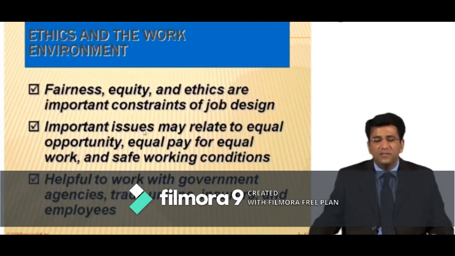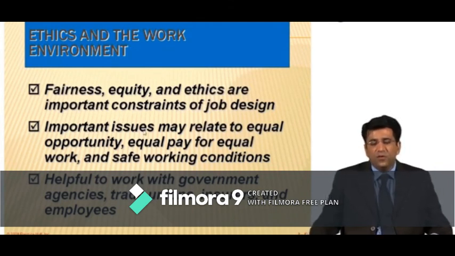Then students, there are some ethical concepts which should always be examined by the operations manager. There should be a working environment which is a fair and equitable environment, and employees should always have an idea of what is considered good and what is considered bad within the organization, and the different employees should be rewarded according to their own performance and not according to their relationships with the top management.